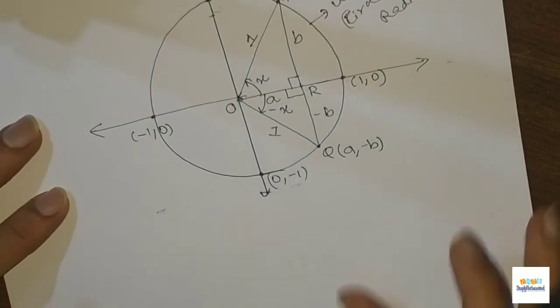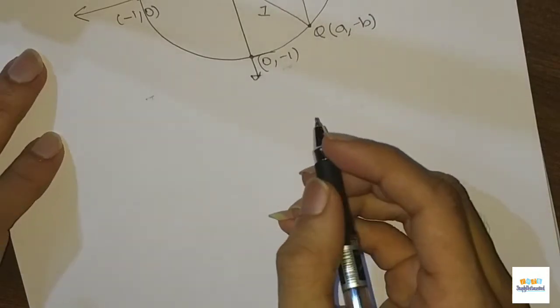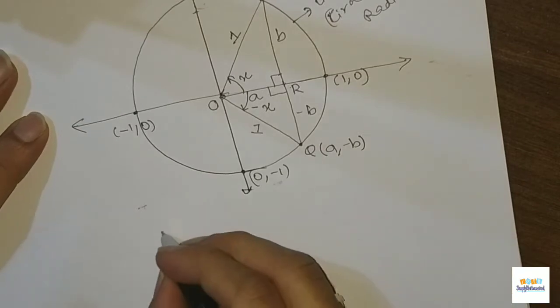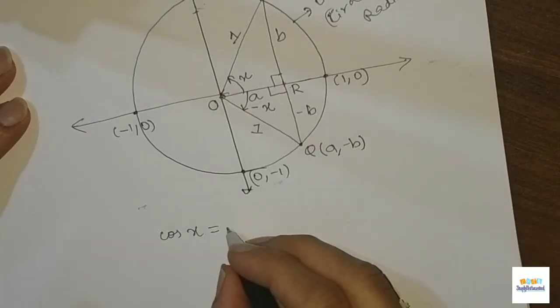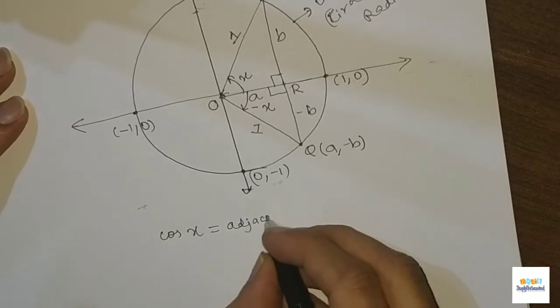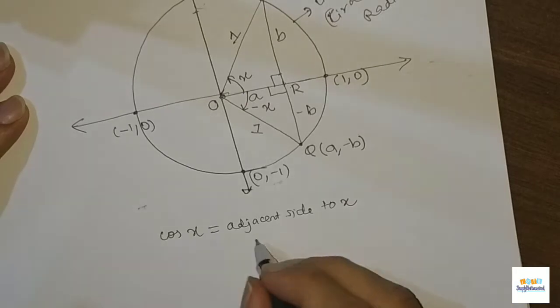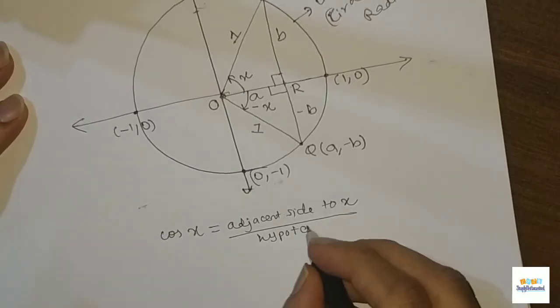Now we'll try to find out cos and sine of both the angles. So cos of x, if you look at, what you will get? Cos of x is nothing but the adjacent side to the angle x divided by the hypotenuse.